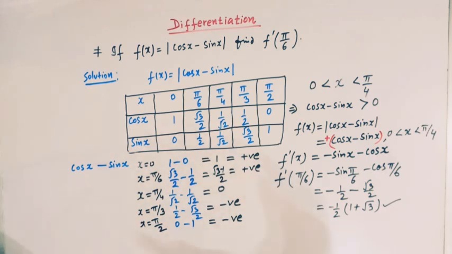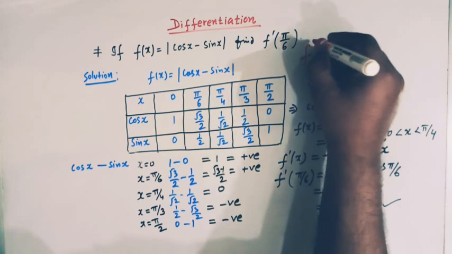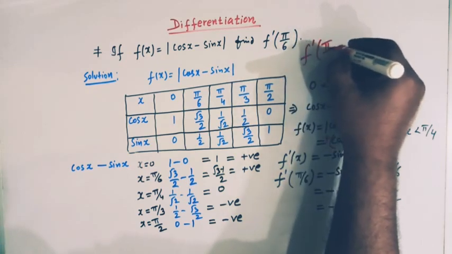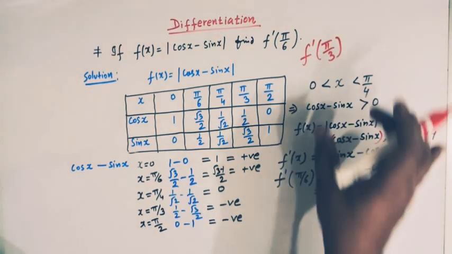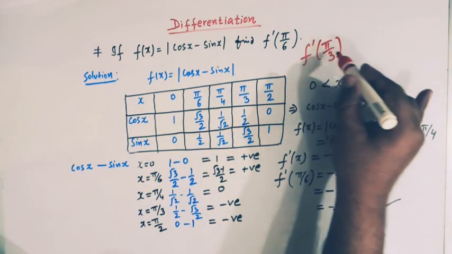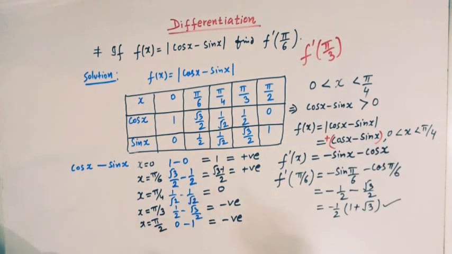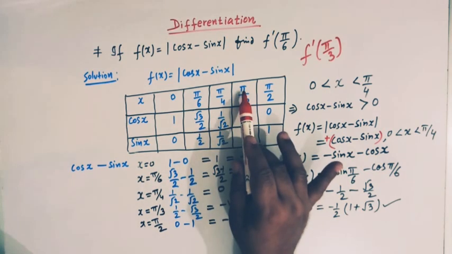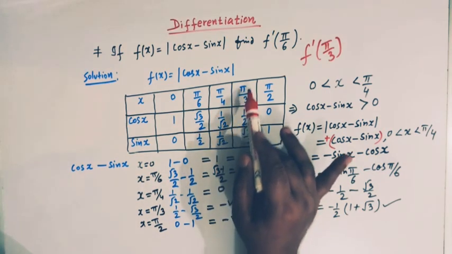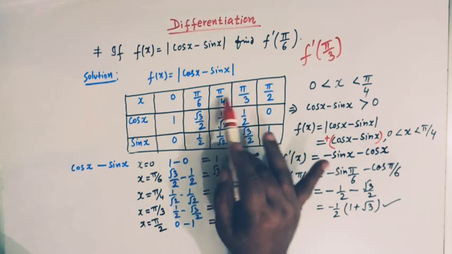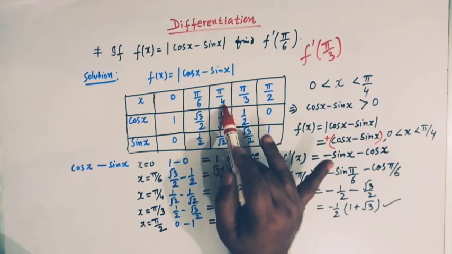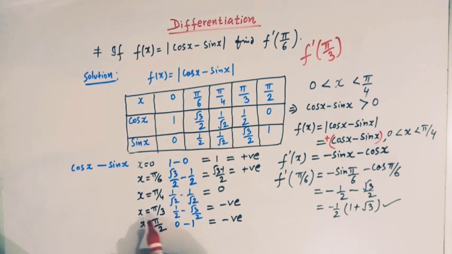Now suppose we have to find the value of f′(π/3). Here π/3 lies beyond π/4, and the difference cos x − sin x for x equal to π/3 is a negative quantity.